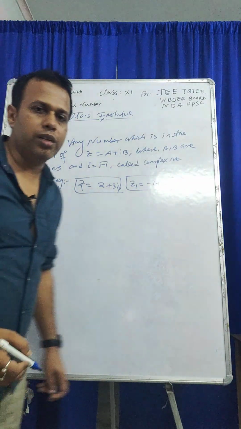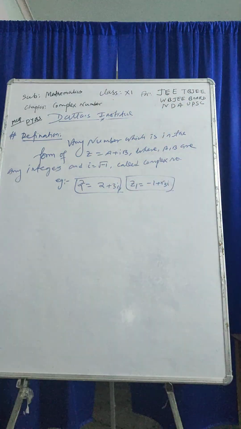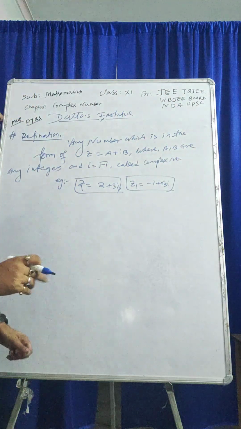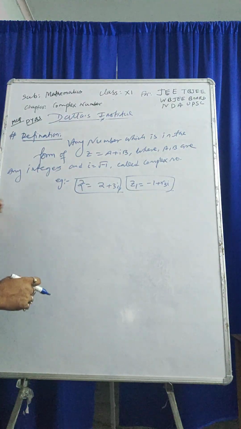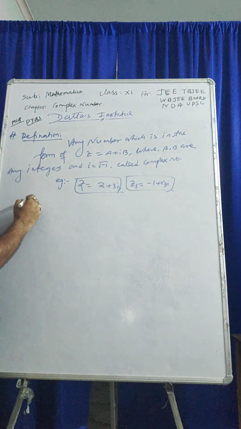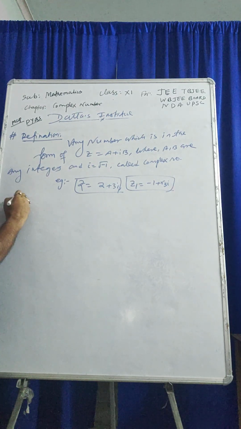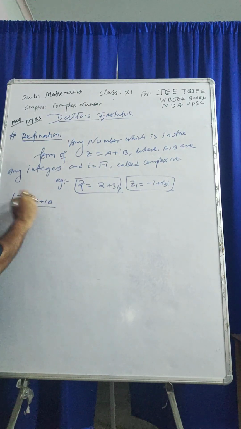Now in a complex number there are two terms. Suppose z is equal to a plus ib. Okay, this is the complex number.